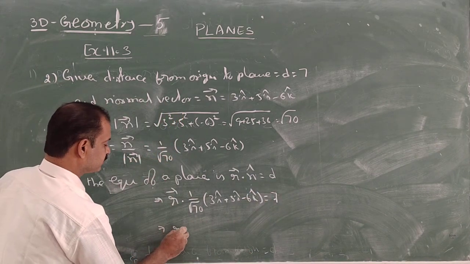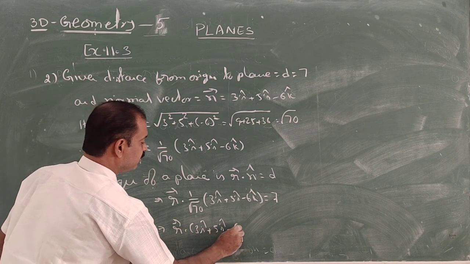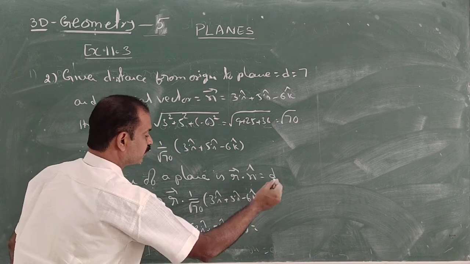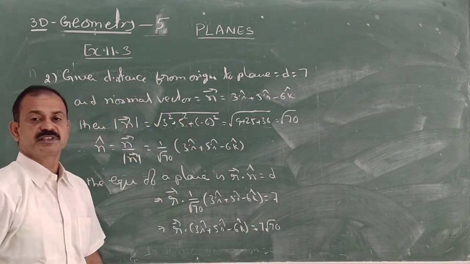So which implies r dot 3i plus 5j minus 6k, do the cross multiplication, this is 7 into root 70.